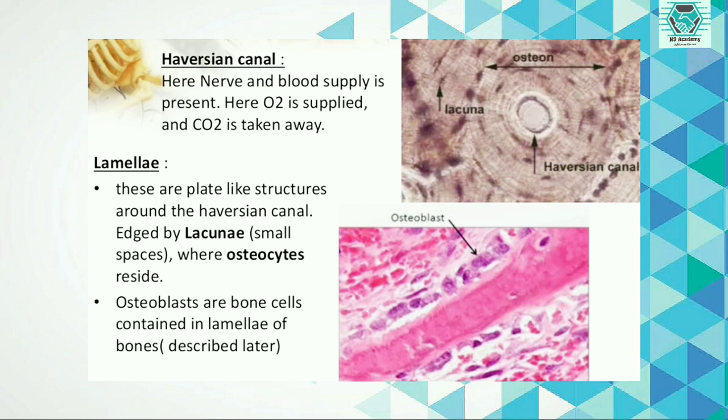Through the canaliculi, the lacunae communicate with each other as well as with the central Haversian canal. Each Haversian canal, together with concentric lamellae, the lacunae and the canaliculi, composes one Haversian system. The Haversian system is the typical feature of the compact bones.